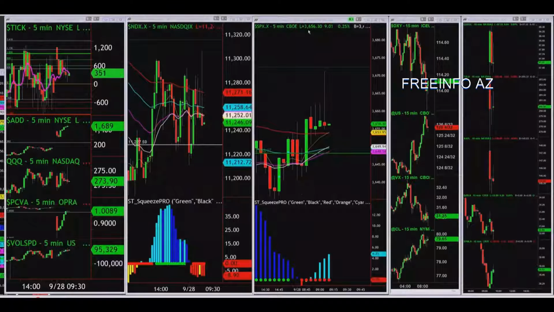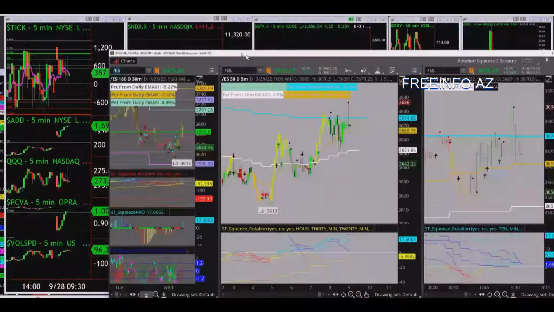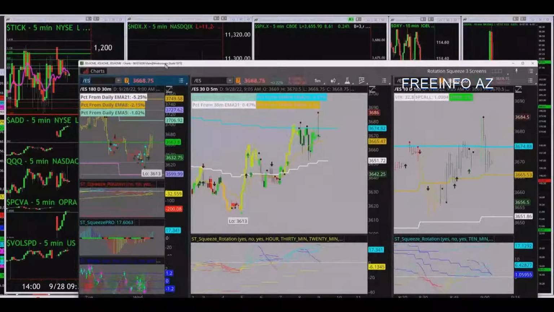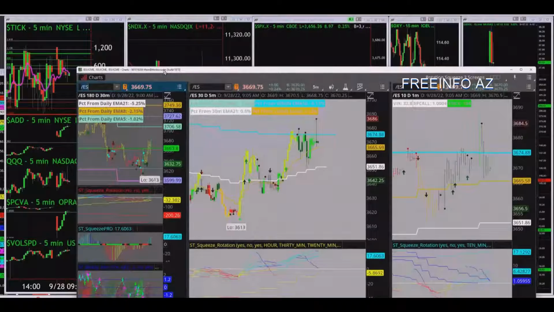You can see the SPX is 36.56 and the ES is 36.70, so there's about 15 points difference. It's a function of the recent rollover, and as the ES futures get close to expiration, they and the SPX will get closer together. But it is important to understand that they move the same, but they don't trade at the same price.